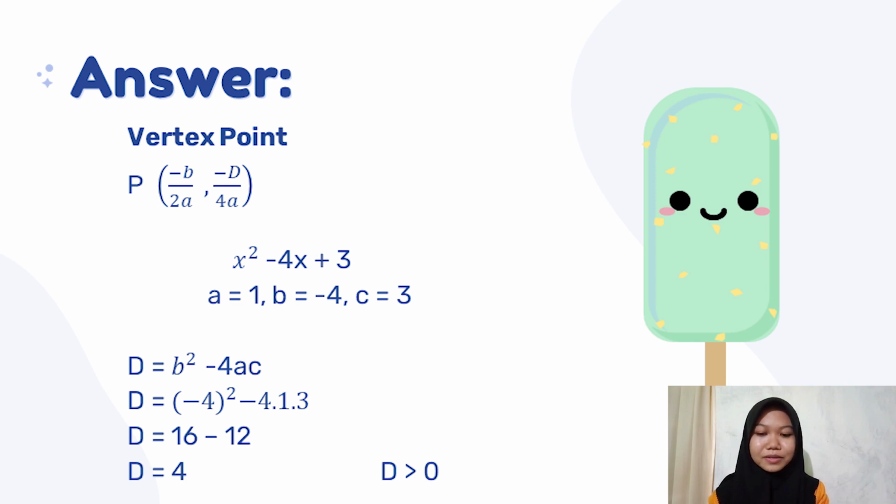The discriminant formula is D equals B squared minus 4 times A times C. We input the values. D equals minus 4 squared minus 4 times 1 times 3. D equals 16 minus 12. So D equals 4, where D is greater than 0.